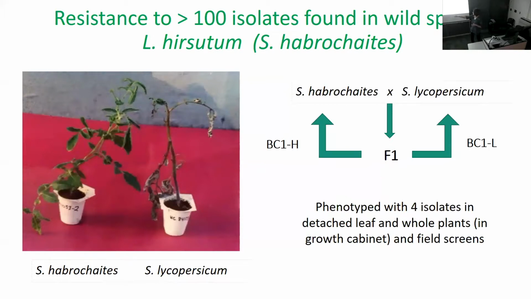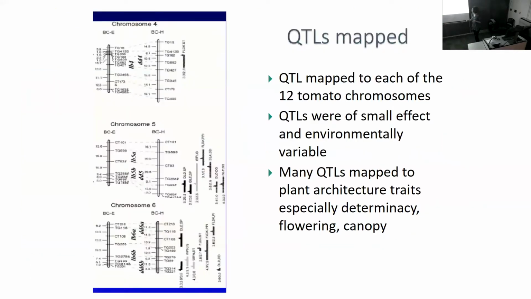So what was hirsutum is now Solanum habrochaites, and what was esculentum is now lycopersicum. And so this shows side by side after inoculation, the wild species completely clean, no disease, and esculentum pretty much had a meltdown. So we did bidirectional backcrosses and mapped QTLs in the bidirectional backcrosses.